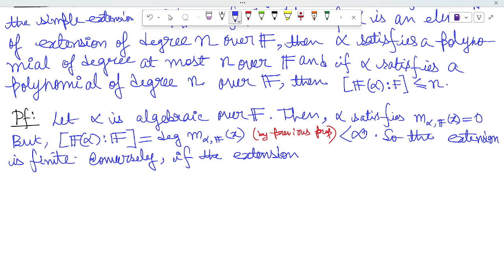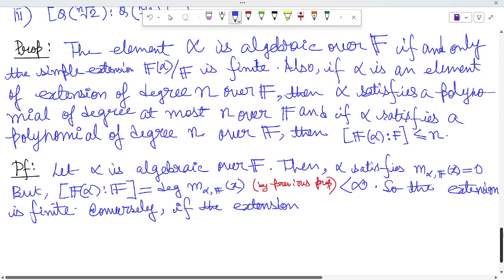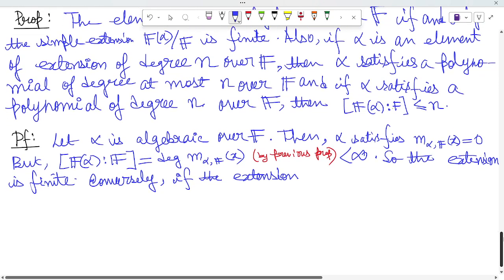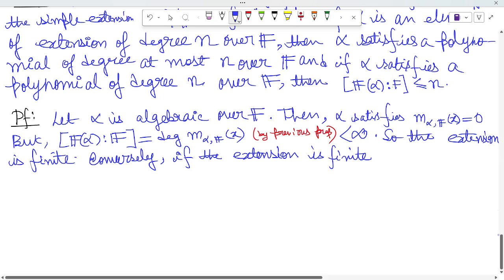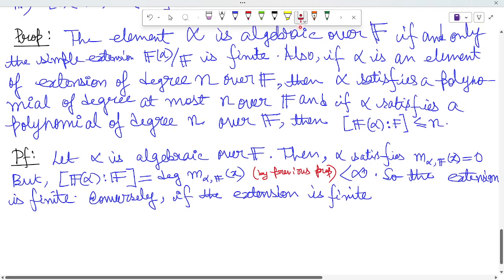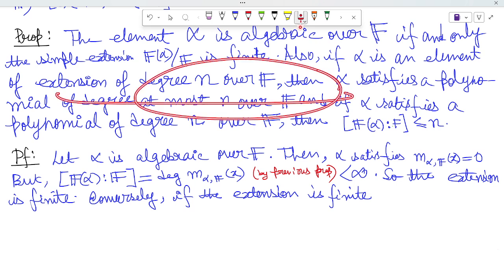Firstly, if the extension is finite, I need to take an element alpha from that extension.